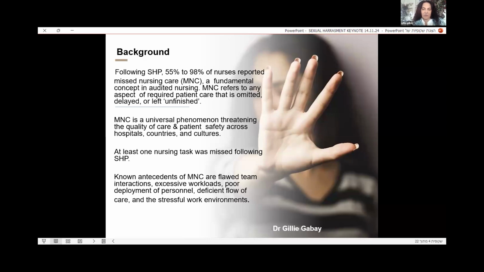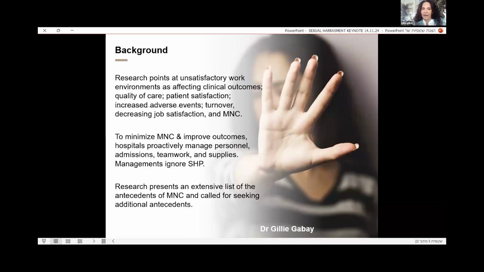We know that there are shortages everywhere we looked in terms of medical personnel, deficient flow of care, maybe the stress in the work environment, but we found that sexual harassment against clinicians is a new antecedent that wasn't acknowledged till now. And it creates dissatisfaction in the work environment. It affects clinical outcomes, patient satisfaction, and it increases turnover of personnel.